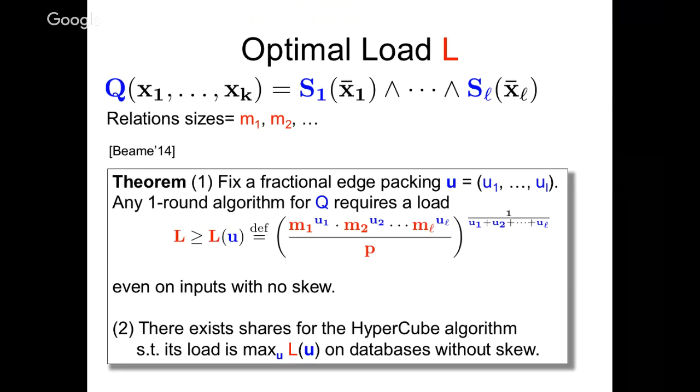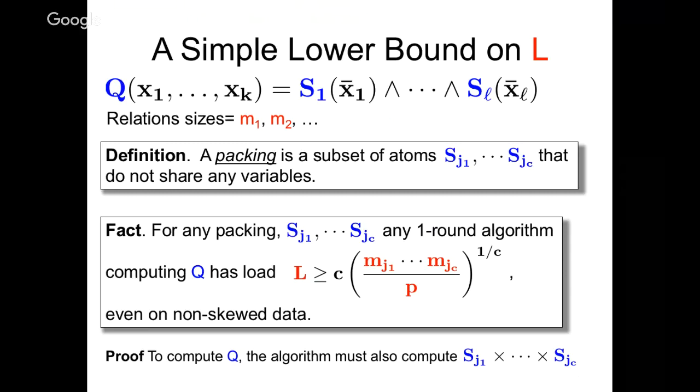So yes, a simple join R(X,Y), S(Y,Z). You have sharing, right? So the question is, what happens if the query is a join?